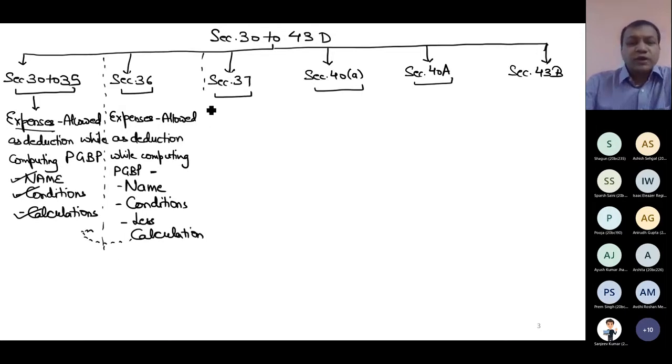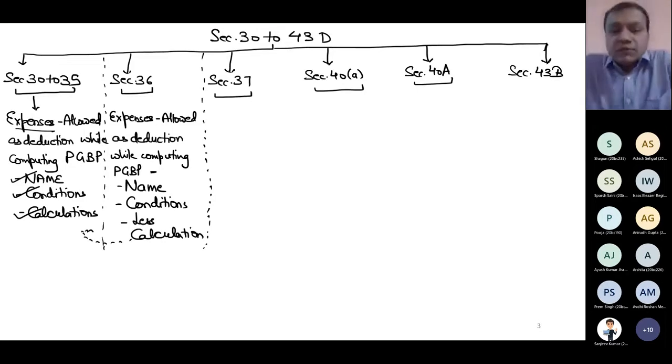So these are some small expenditures, but still these expenses also have their own identity. Like interest on capital borrowed. If a businessman borrows some amount for expansion of business or for other valid purposes, then that is covered under section 36. Bad debts covered under section 36. So these expenses also have their own name, own conditions, but not much calculation. The calculation work is a little bit higher in my first category expenses as compared to section 36.